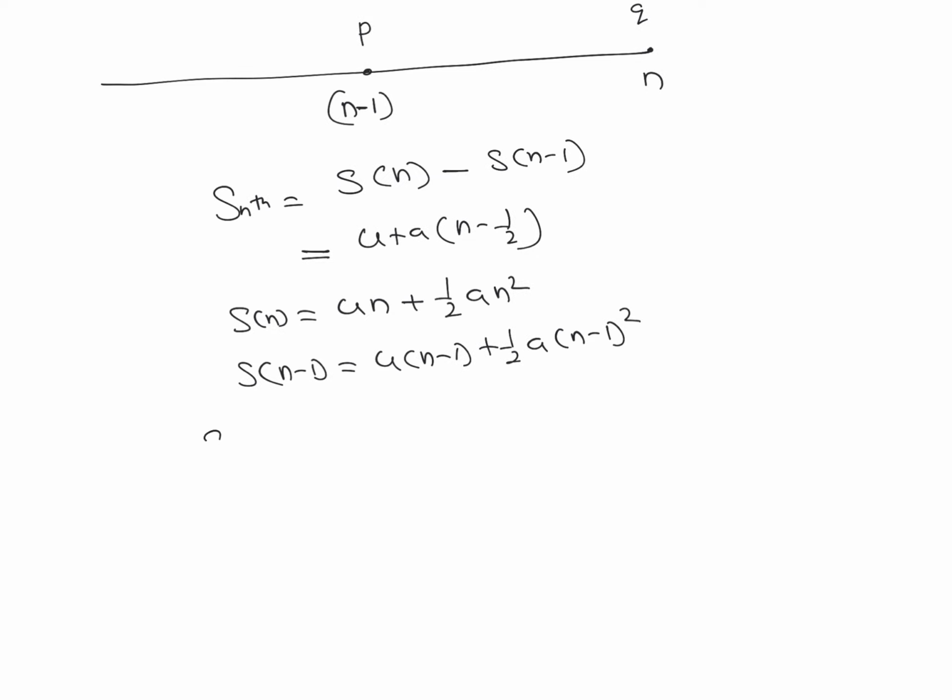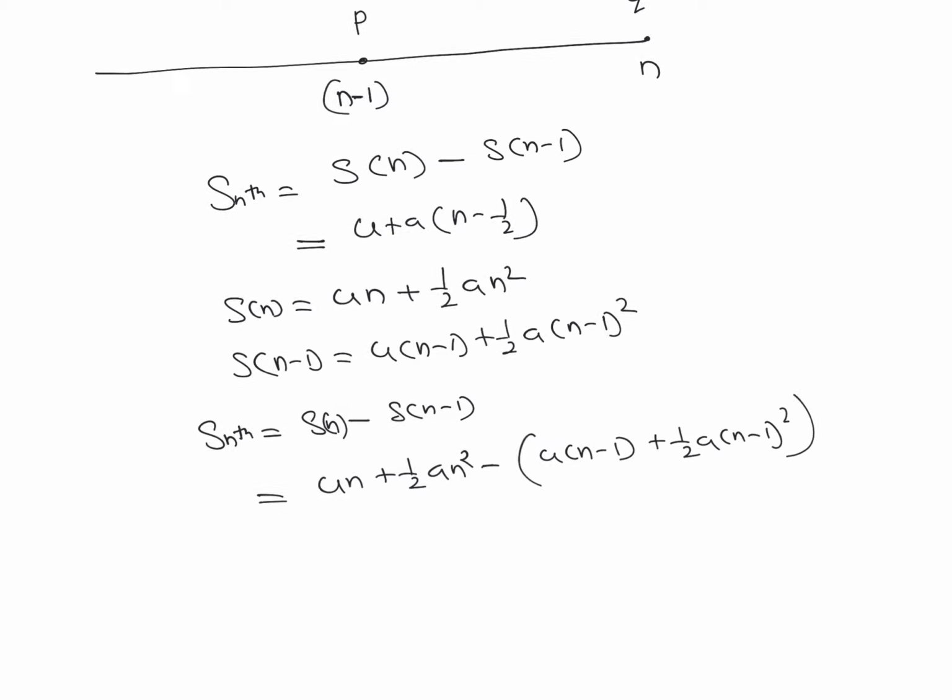So we can find the distance traveled in the nth second, that is the distance traveled in n seconds minus the distance traveled in n - 1 seconds. That is un + (1/2)an² - [u(n - 1) + (1/2)a(n - 1)²].